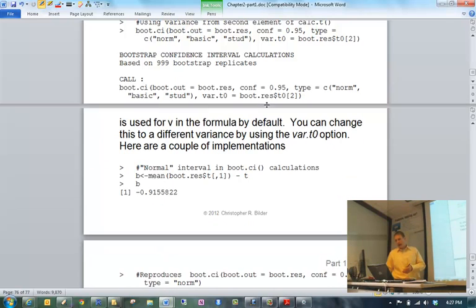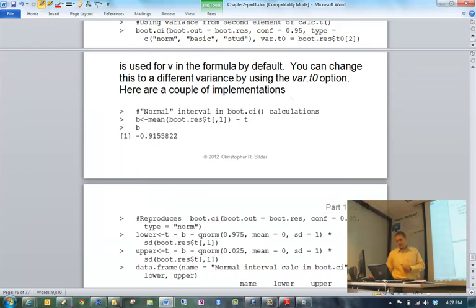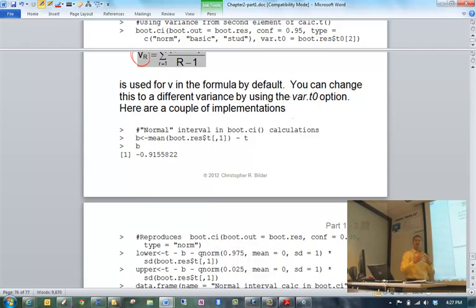So just to show you how this works, based upon the stuff that we were doing before with the air conditioning data set, I have the results in boot.res. I can find my bootstrap estimate of the bias, it's negative 0.915.